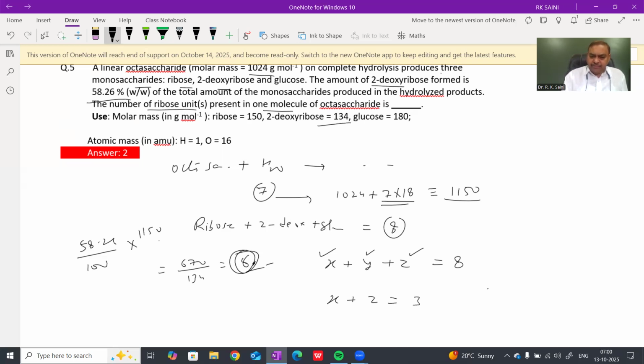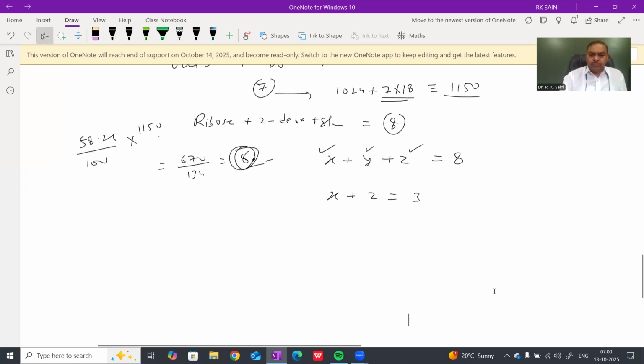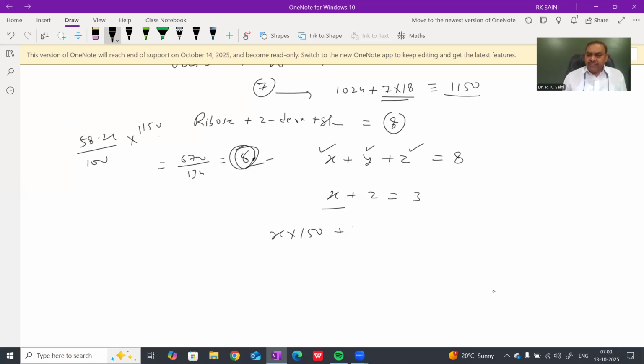And the weight of ribose, X units, means X into the ribose weight, which is 150, and Z is the glucose, its weight is 180, equals the remaining weight of the substrate, which is 480.